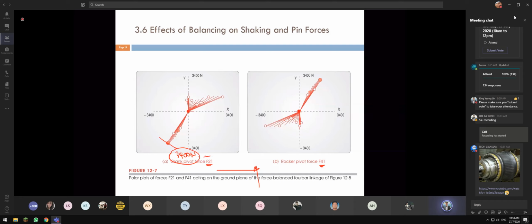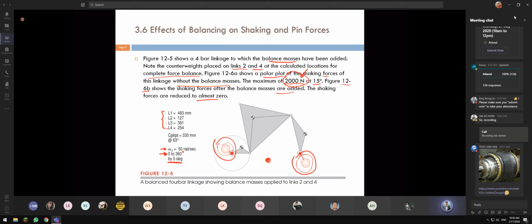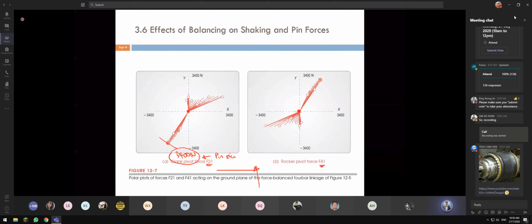This will affect your pin size also. It means your bearing or your shaft that you install here has to withstand the dynamic force of 3,400. Similarly over here as well, there is a maximum force that you have to cater for.